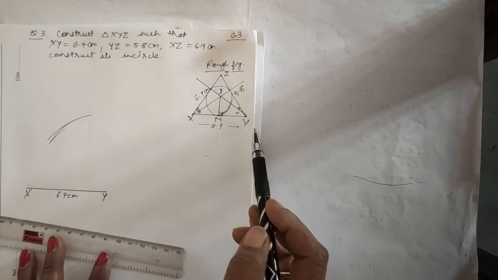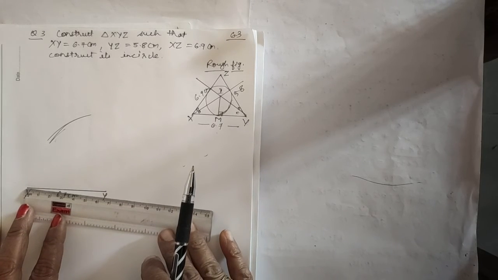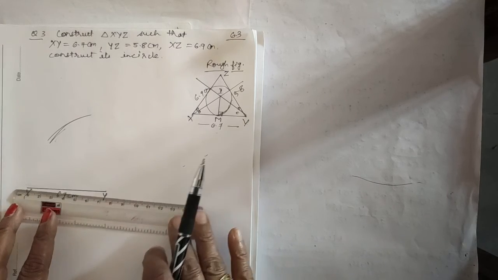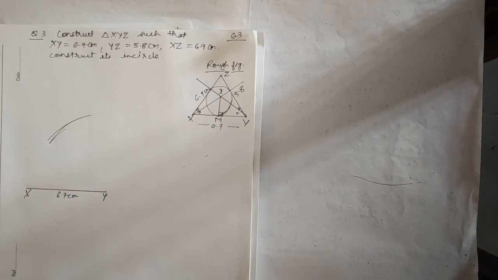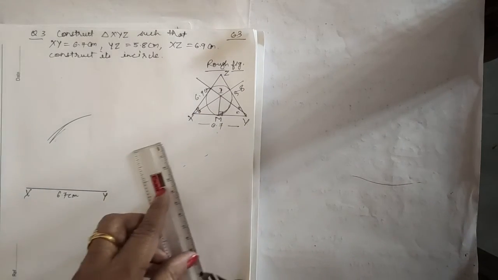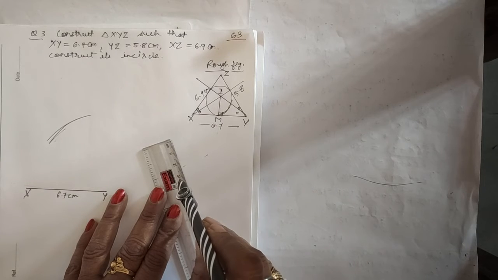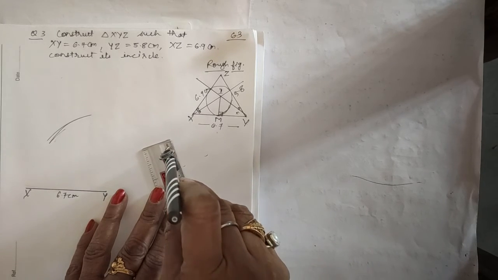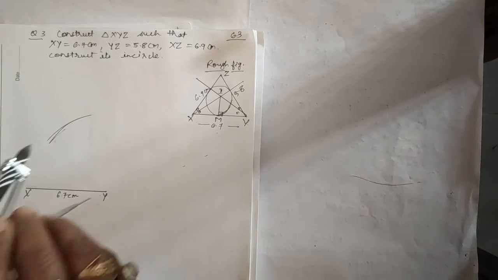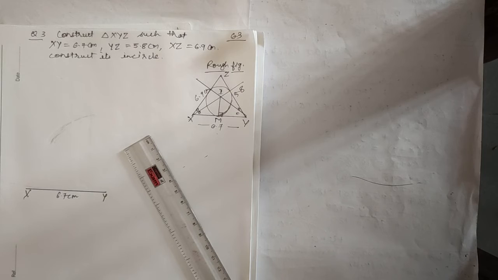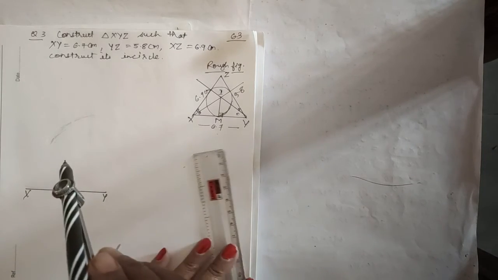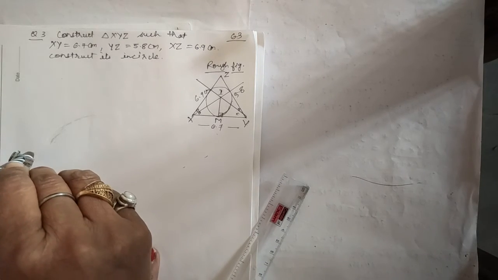Here XY 6.7, so here I have already drawn. With the help of the scale you will draw 6.7 XY as base. Now next step is what? YZ is given as 5.8, so take YZ here, 5.8, and here is the Y center, you will take center as Y. Take Y as center and draw an arc like this.